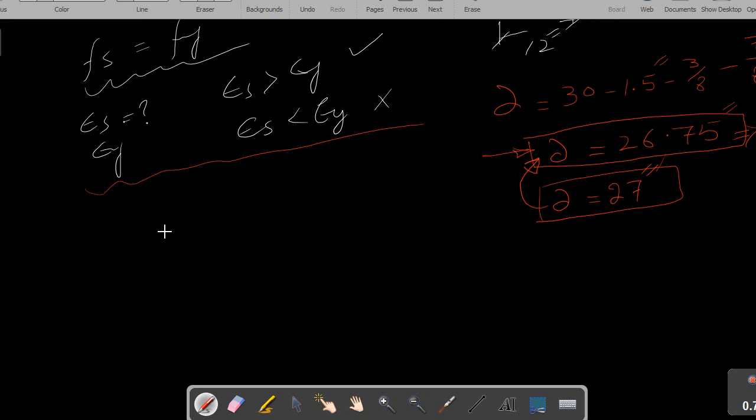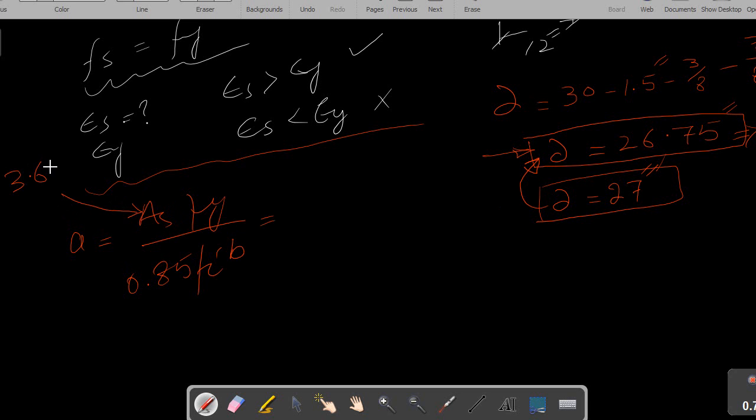To calculate epsilon s we need a. Let me calculate the a value from this equation. Now this time we plug in the area of steel, 3.6 square inches. We have to use the value which we are providing to the section. fy is 60 ksi and we know all the values.